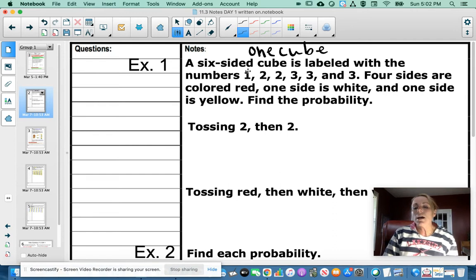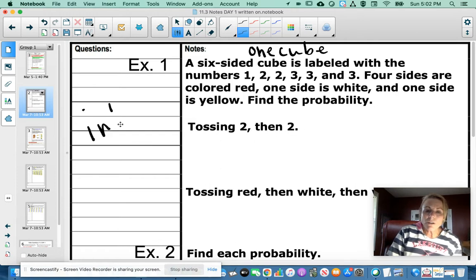So this is not a normal 6-sided cube that has 1, 2, 3, 4, 5, 6. Here are the numbers on the 6 sides of the cube. So we're going to find the probability of tossing a 2 and then tossing a 2 again.